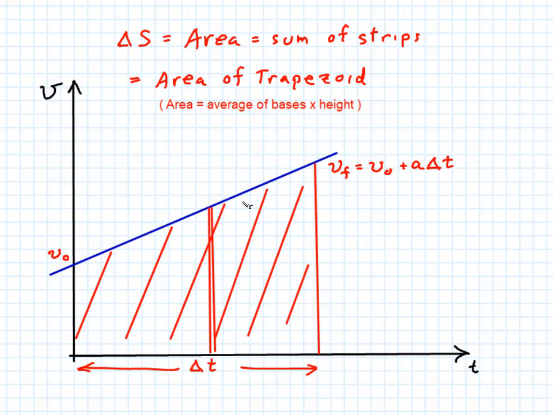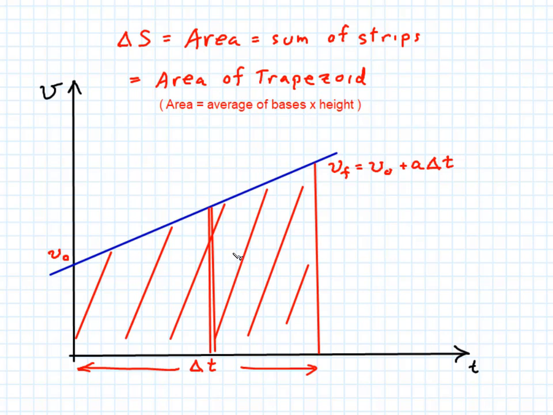And so that's like finding the area under the entire graph. And if I think of this area, even though it looks here like it's a trapezoid, it still could be thought of as an infinite number of infinitesimally thin strips, the meaning is that the sum of all these little strip areas equals the area under this overall graph. So the area under the graph of velocity versus time is going to be the delta s.